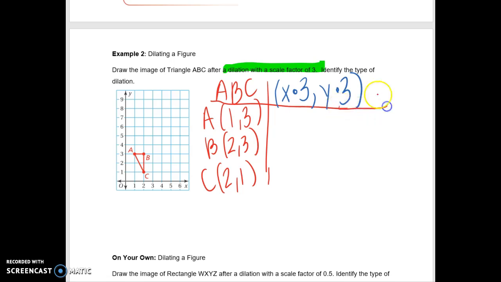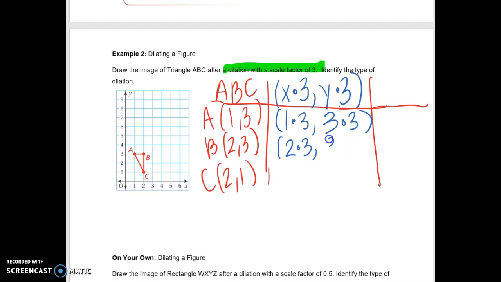I'm just going to go ahead and finish this table. Okay. So my x coordinate was 1, I'm going to multiply that by 3. My y coordinate was 3, I'm going to multiply that by 3. So you're just taking your x and your y coordinates, multiplying by your scale factor of 3. So my scale factor is 3, so I'm multiplying every single point by 3.